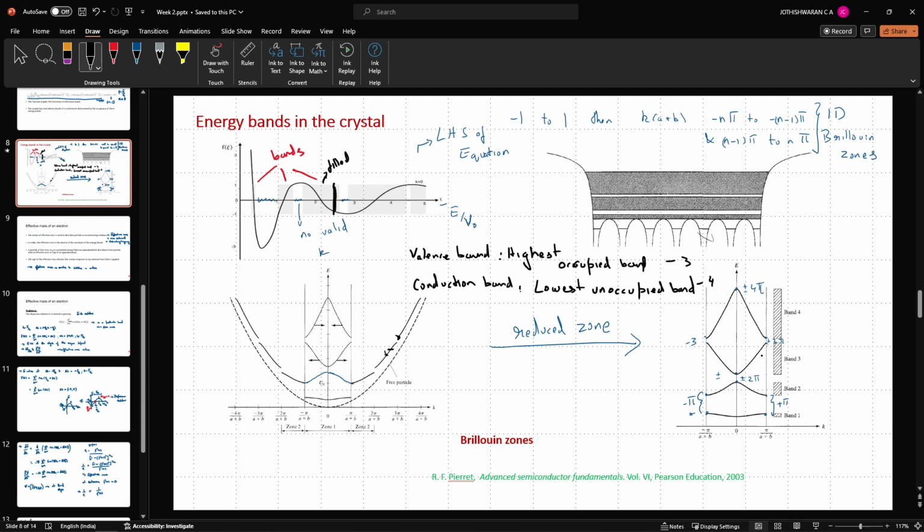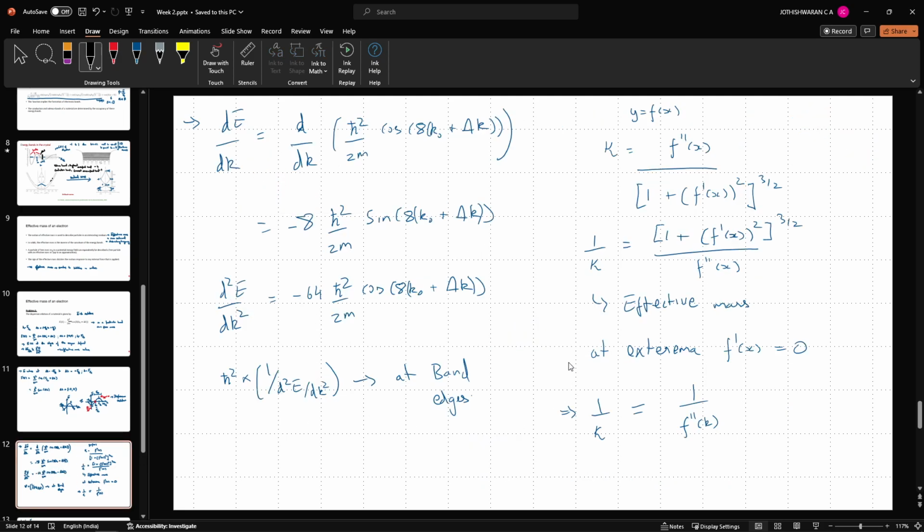Another important thing, the reason why I spent so much time here, is this quantity: the effective mass. It is related to the curvature. Later on, when we talk about strain engineering, where we will modify the lattice parameters based on the desired performance of our device by introducing lattice strains, that will effectively change the band structures in different directions.